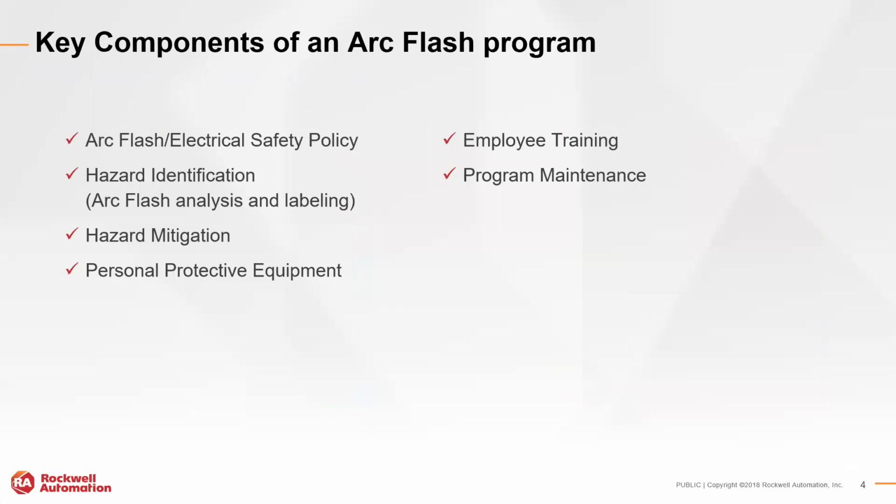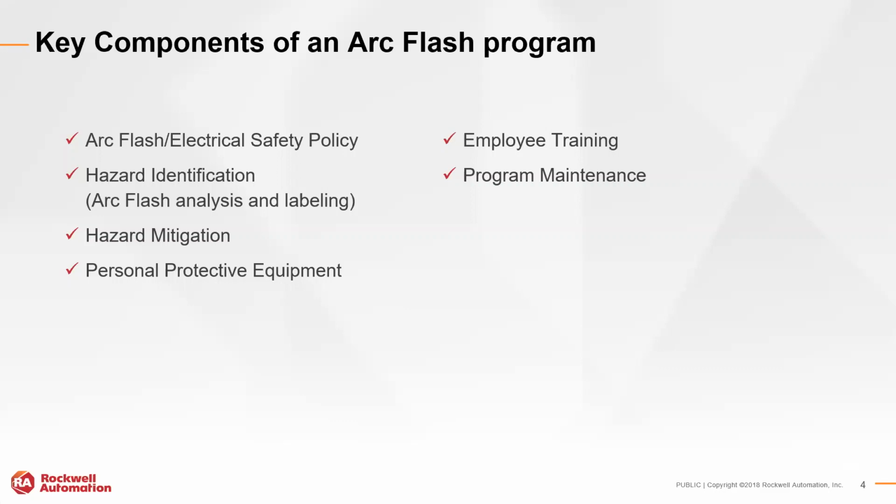So in terms of the key components of an arc flash program, this is just a high level summary. There are more specific individual components you want to have than this, but these are the main factors which are good to highlight. But you want to obviously have an electrical safety policy in place, typically as a first step of developing your arc flash program.